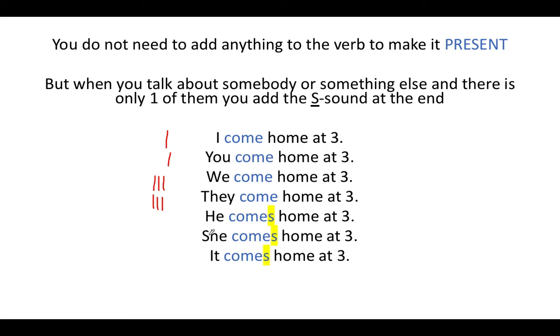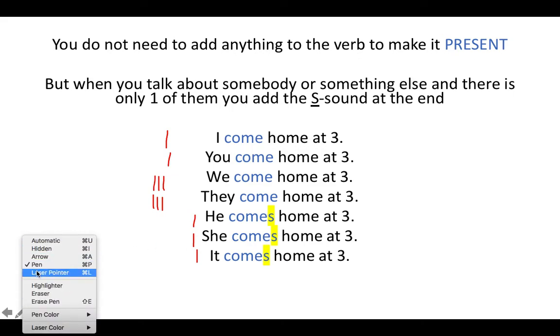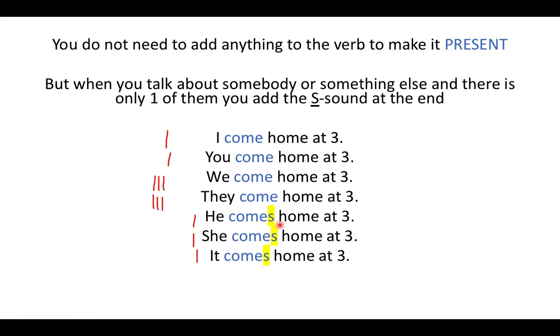And then he, she, or it is all one, but it's somebody else. So it's not you or I. So that's why we need to put an S sound at the end of it. So he comes home at 3, she comes home at 3, and it comes home at 3.